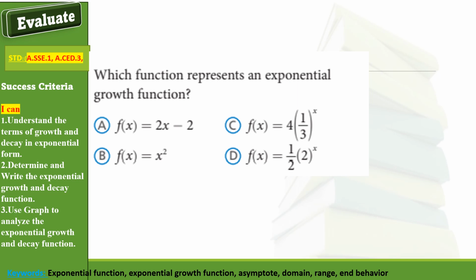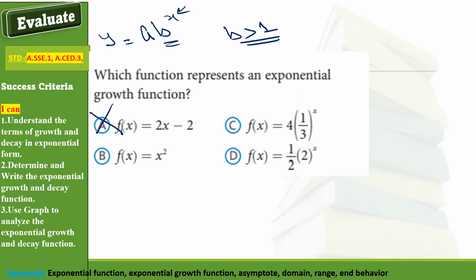Recall this concept: which function represents an exponential growth function? We know that in order to represent an exponential growth function, the value of b should be greater than 1 and x should be in the power.